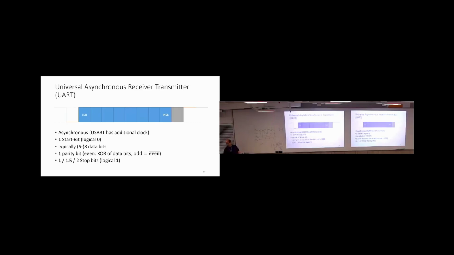Okay. Now, which problem do we have as the receiving side? Well, we know how long this should be. That's a kind of a specification. We know how many bits are transmitted. We don't know at which point in time this here comes, because it's asynchronous. So we need to find this point. What would you guess?